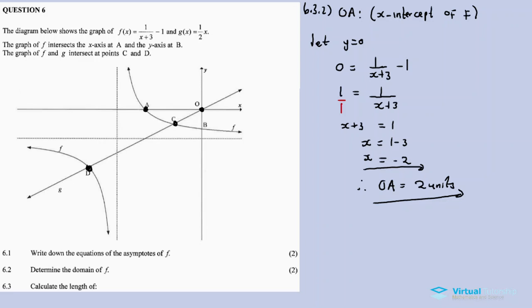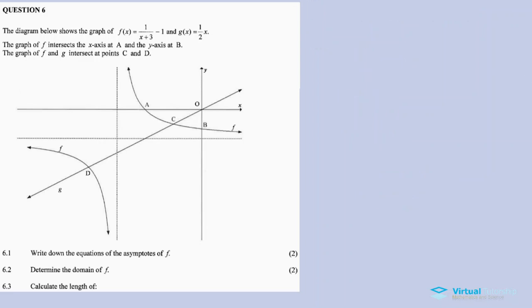So we need to simplify or solve these equations simultaneously so that we can find our coordinates of C and D. Now let me erase again so that we can do 6.4. Here we want the coordinates of C and D, right? At point C and point D, it's where the graphs are both equal. It's where they meet. So at C and D the graphs are equal.